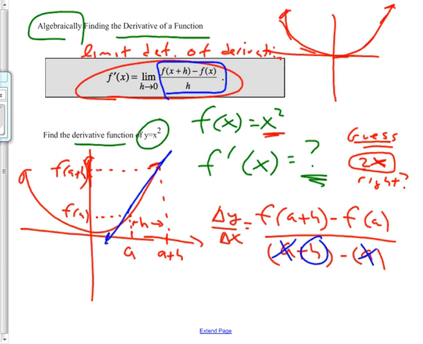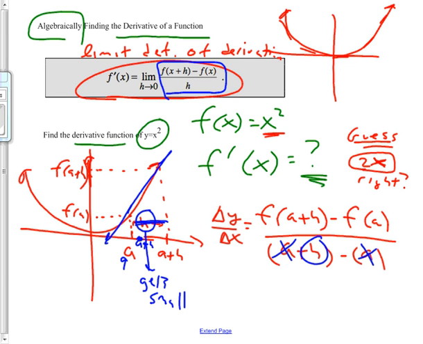And then, if we're talking about the instantaneous rate of change at any point A, well, the instantaneous rate of change is when h gets small. So instead of looking at this distance here, let's look at a much smaller distance, a plus h.